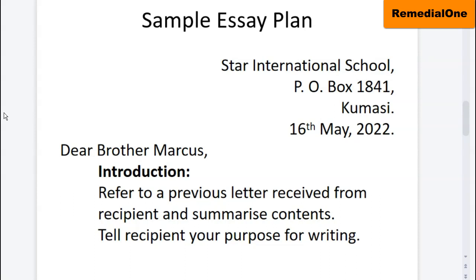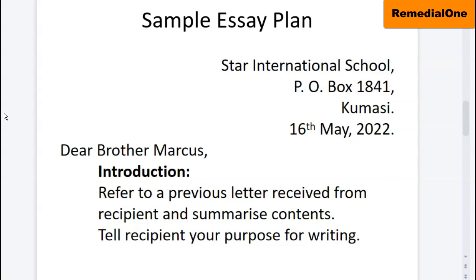So look at what this candidate is doing. For instance, he will refer to a previous letter received from his elder brother and summarize the content. Then he will tell the recipient his purpose for writing. We're talking about the thesis statement here. Now pay attention. Both the reference to the previous letter and the summary of its contents, and the thesis statement, constitute the introductory paragraph.